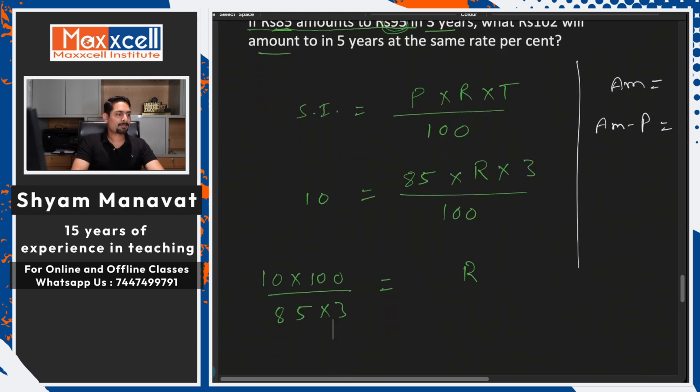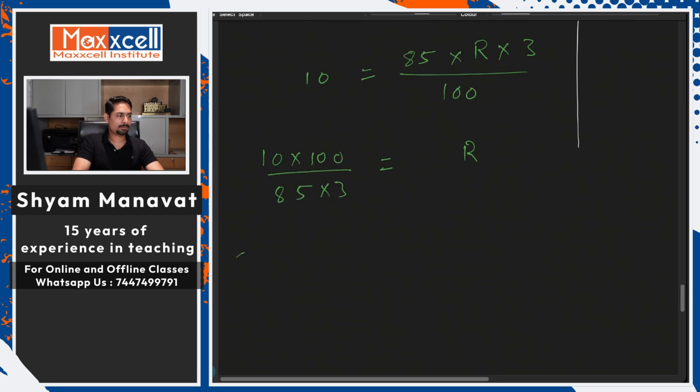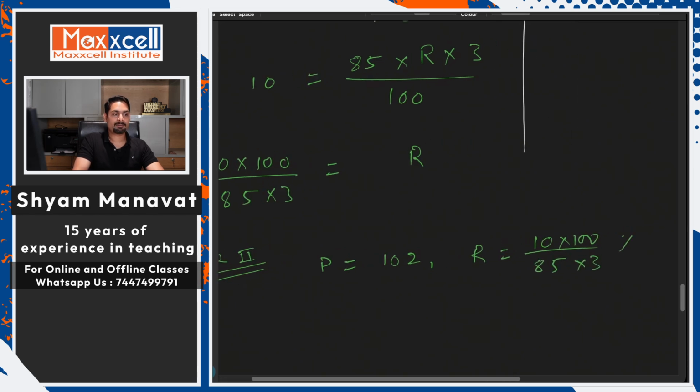So now the case we need to consider: the principal is 102, and the rate of interest we got from the previous one is 10 into 100 by 85 into 3. Don't worry, we are not simplifying this R. We don't need to, because I am not in favor of doing the heavy calculations early.